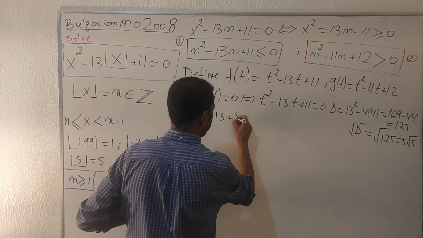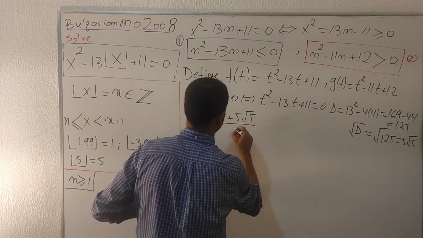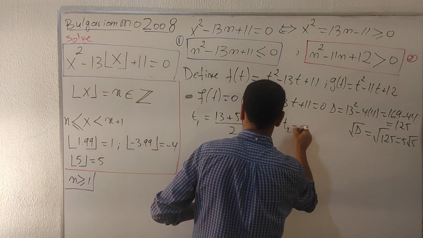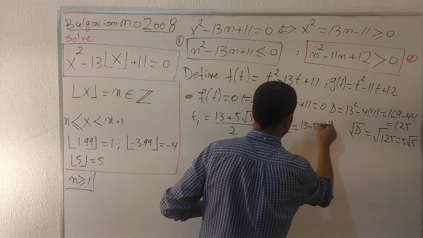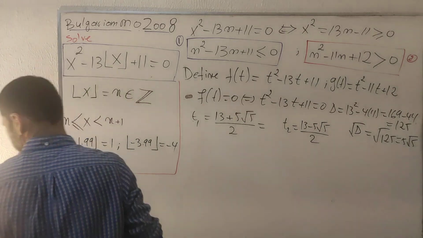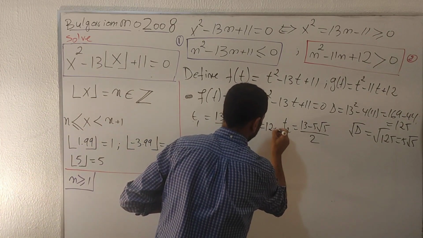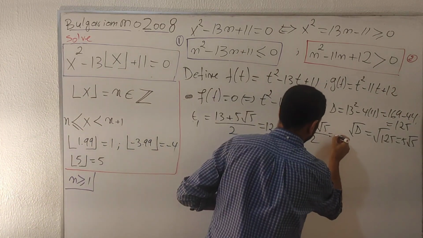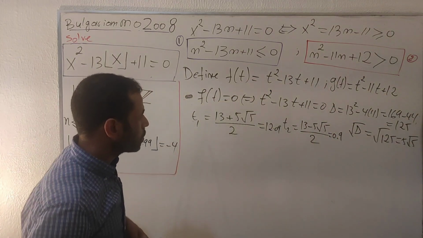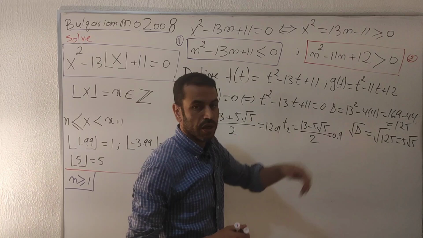So we'll have here 5 square root of 5 divided by 2. The second value, T2, is 13 minus 5 square root of 5 over 2. I'm going to check the value of this one. I get here 12.09, and here 0.9, like this.